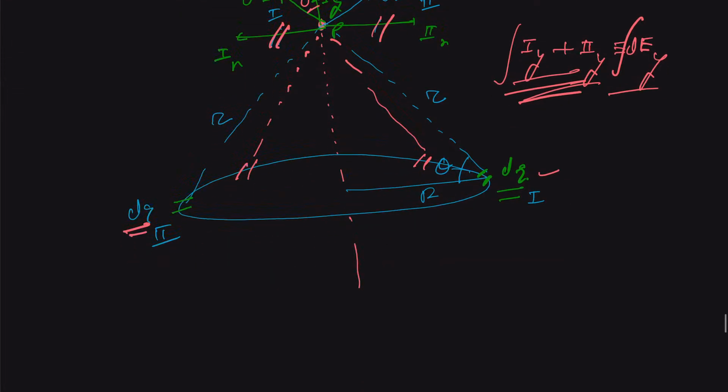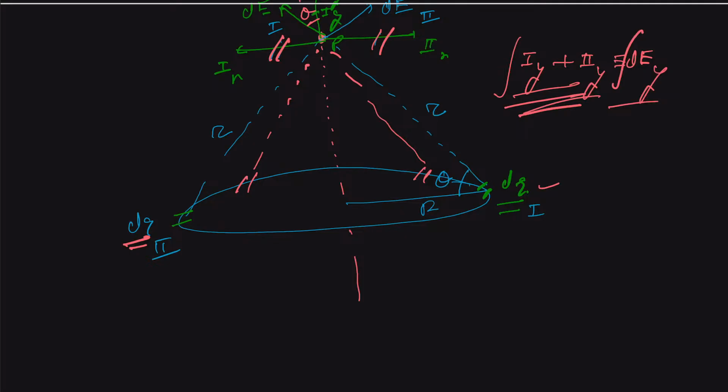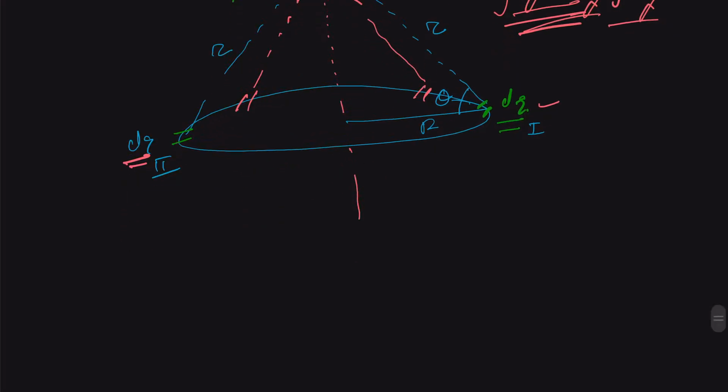In some cases, I think yesterday we did a question where we had a dipole, and it is given as our plus q. Here our charge was minus 2q and this charge was plus q.